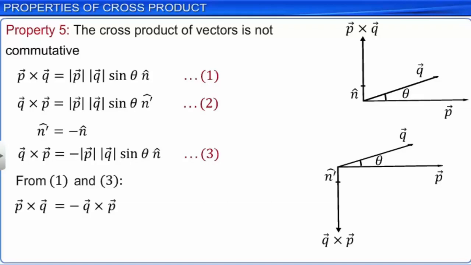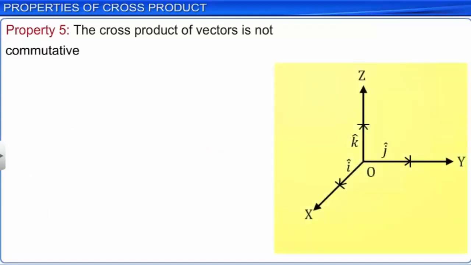From the discussion so far, we can again make some interesting observations about unit vectors i, j and k pointing along the x, y and z axis of a three-dimensional coordinate system.